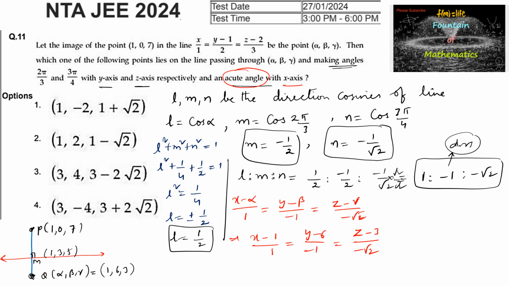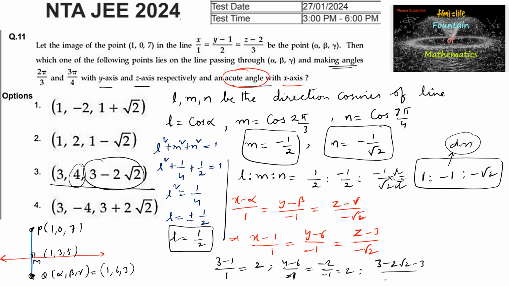So here when x is equal to 3, (3 minus 1) upon 1 is 2, and when y is equal to 4, 4 minus 6 will be minus 2 upon minus 1, that is 2, and z is equal to 3 minus 2 root 2, we can substitute: (3 minus 2 root 2 minus 3) upon minus root 2 is minus 2 root 2 by minus root 2, which is plus 2.